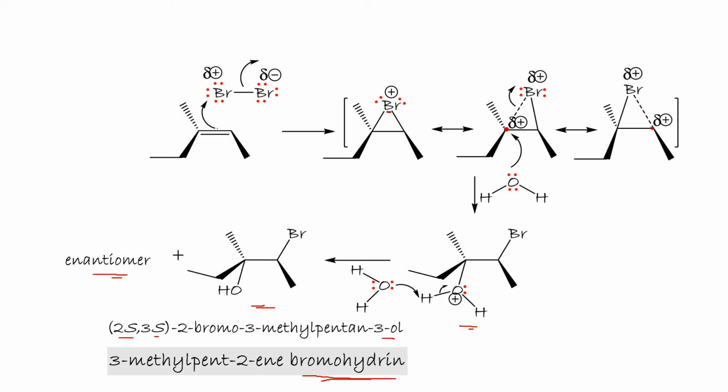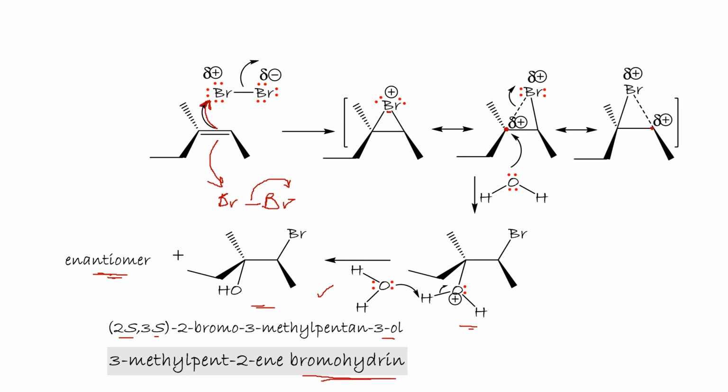What do I mean? I mean that the upper face of the pi bond attacking the bromine will give this compound. The other enantiomer will come from the bottom face attacking the Br. It is the same step, but we get 2R,3R-2-bromo-3-methylpentan-3-ol as the enantiomer.